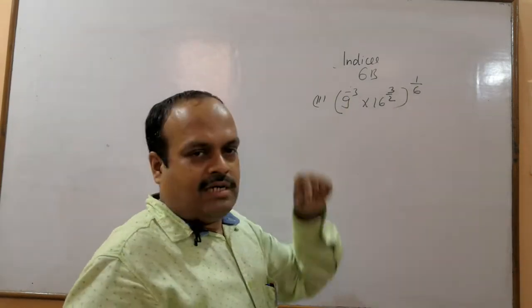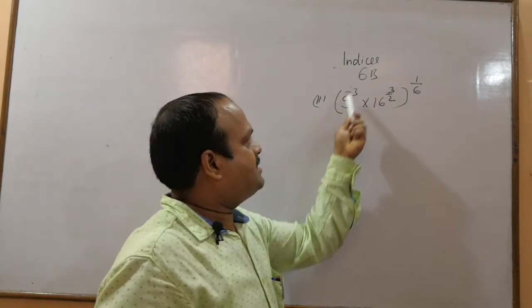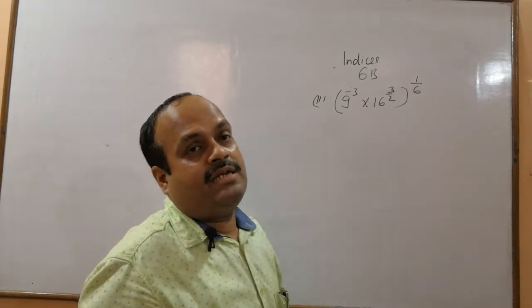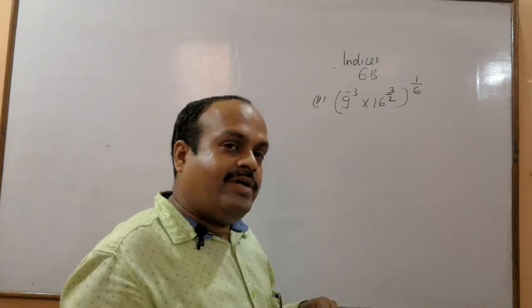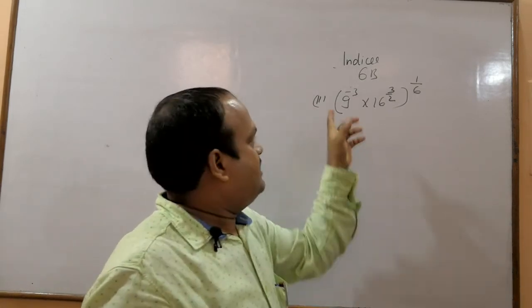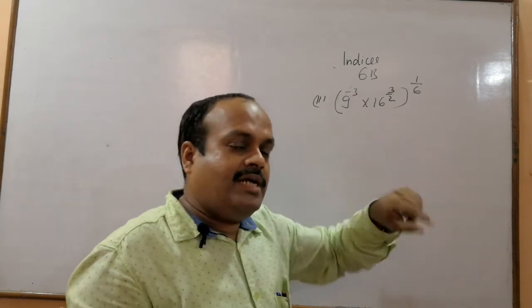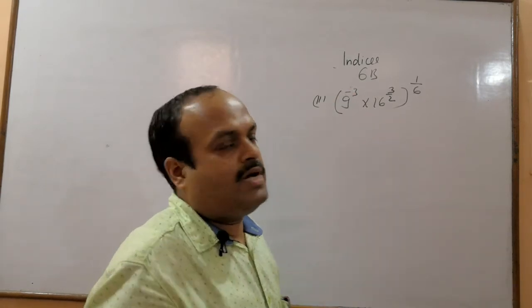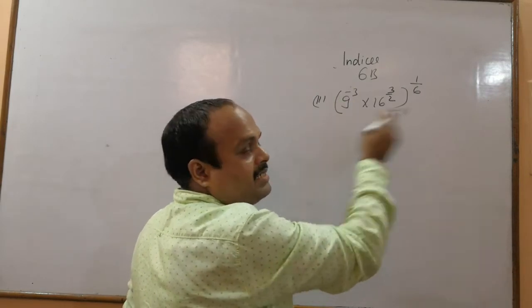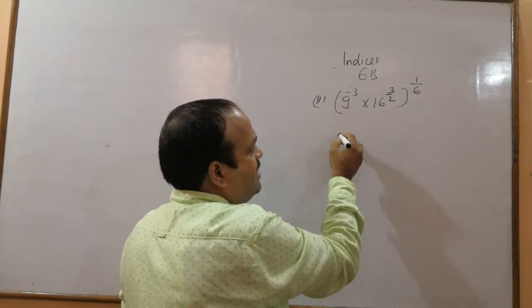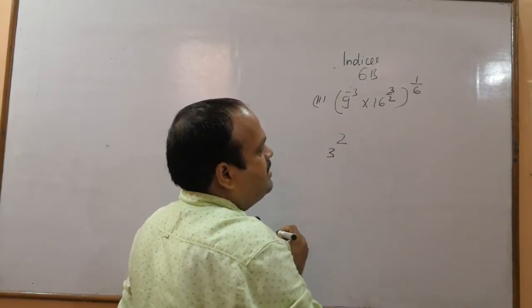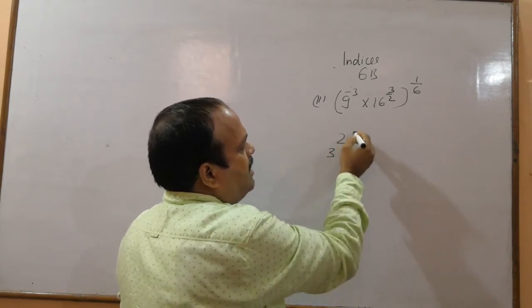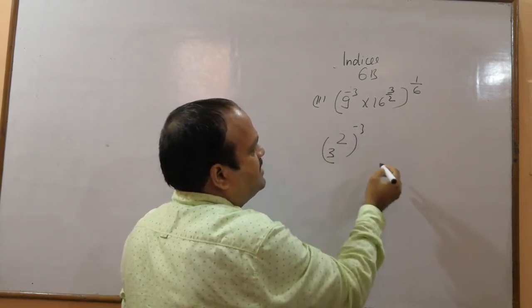So 9 is the base of this exponential number, which can itself be written in the exponential form as 3 square. To get the most simplified answer, we will write this 9 as 3 square. So 3 square raised to minus 3.